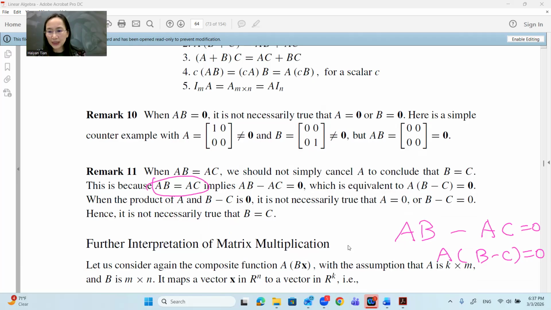Now, we know that when the product of two matrices is 0, it doesn't imply that B minus C is 0.